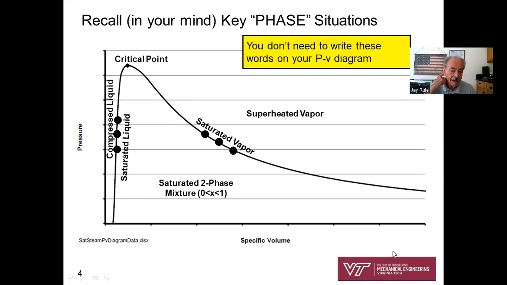The next thing is remind yourself in your mind, you don't need to write these little words and labels on your PV diagram, but in your mind, you need to remember what phase you're in, depending on where your state is on the pressure specific volume diagram graph, relative to the dome. Okay, so let's see, underneath the dome, you're a saturated two-phase mixture.